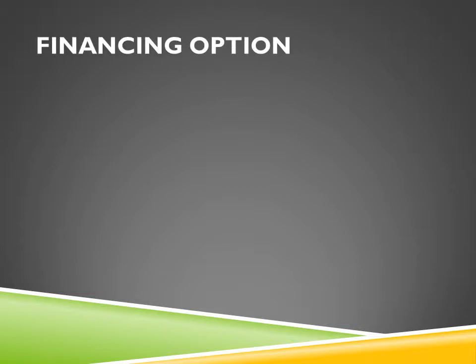The next slide is all about financing options. Since the objective of the business is set, training and business location are given, we also need to look for our financier or where we are going to get the funds. These are some of the options that you can choose from in order to get the funds needed.